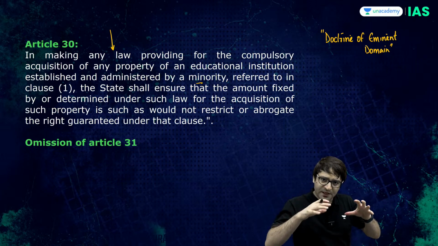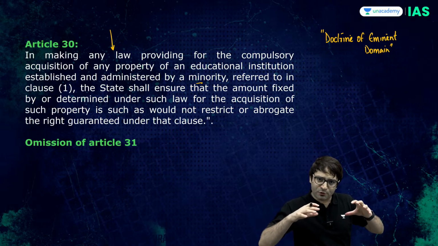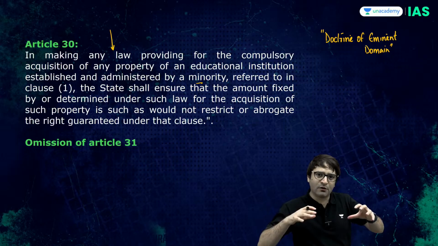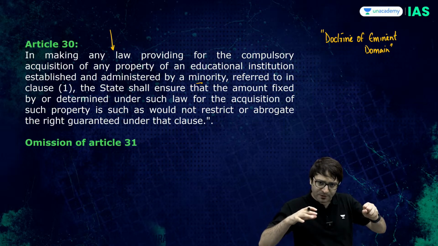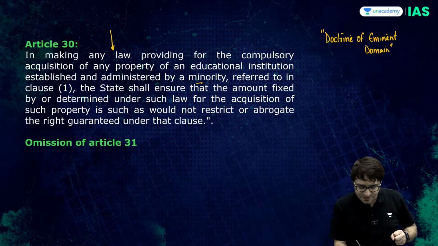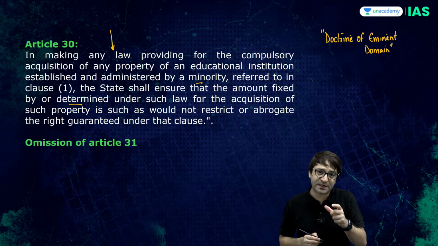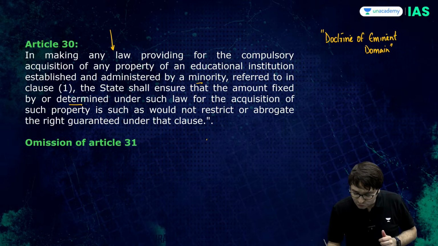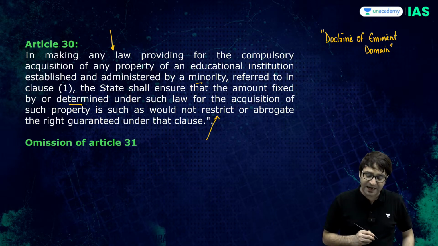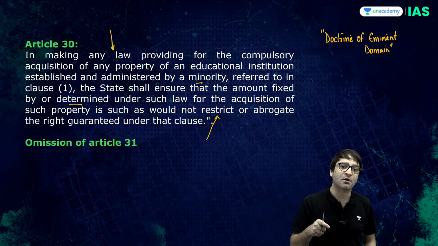But Article 30 was amended to provide additional protection for those properties belonging to minority educational institutions, saying even if you acquire this property, you have to give them compensation. And compensation should be such that it should not restrict or abrogate the right guaranteed by this clause.